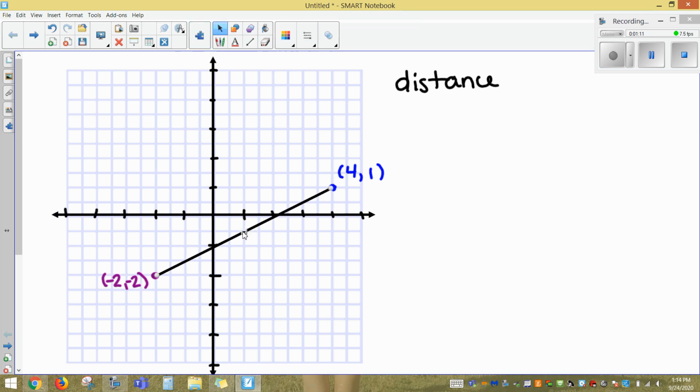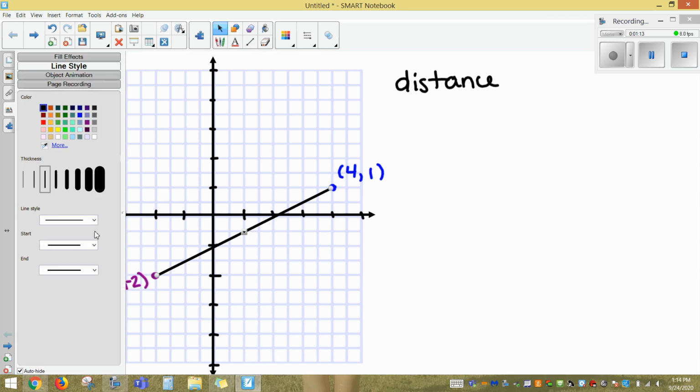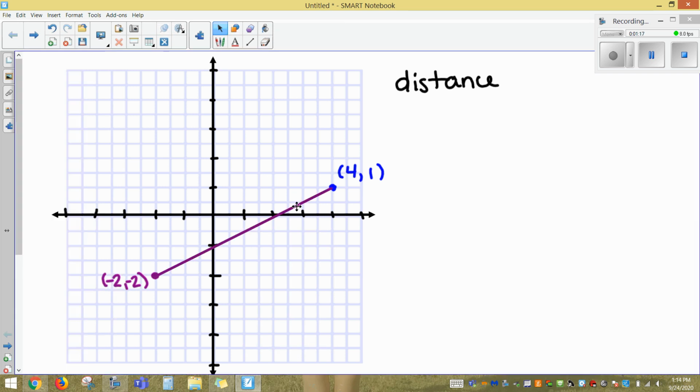When we're finding distance in 2 dimensions, we're going to break down our thoughts into 2 pieces. I'm going to cheat and use my straight lines here. One thing we have to worry about is how far apart these points are left and right. The other thing we have to worry about is how far apart the points are up and down.